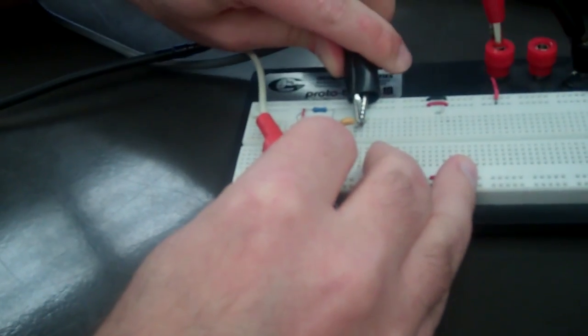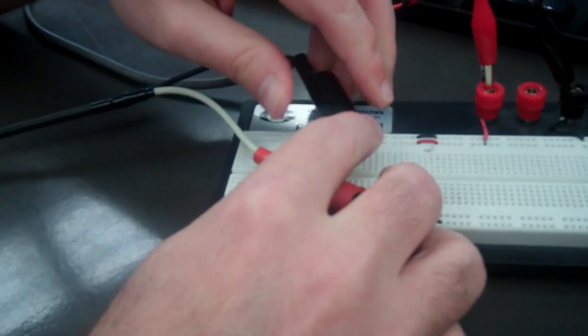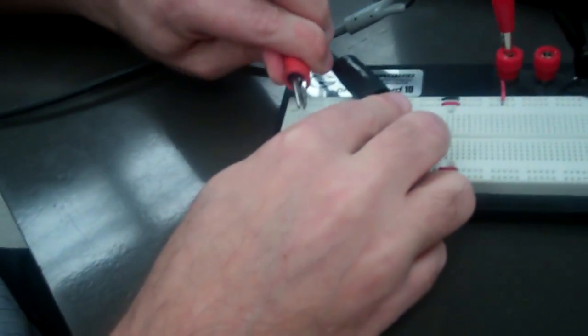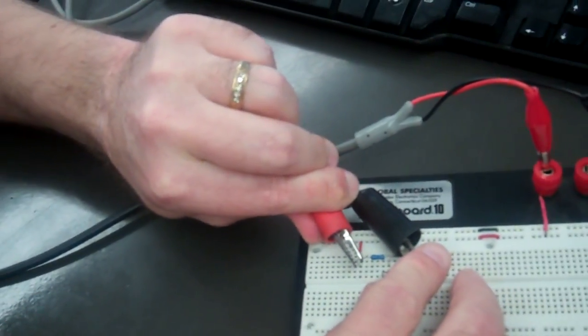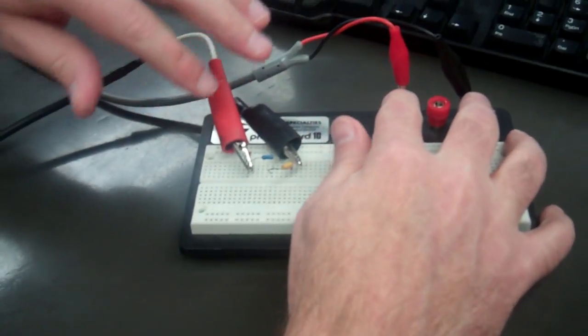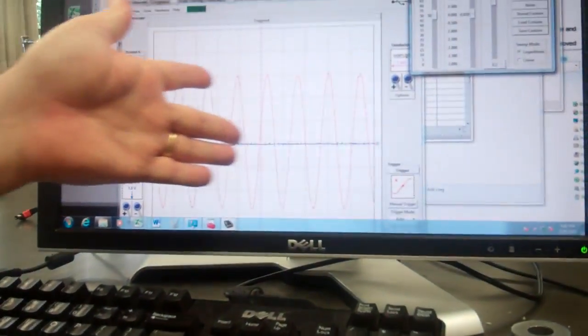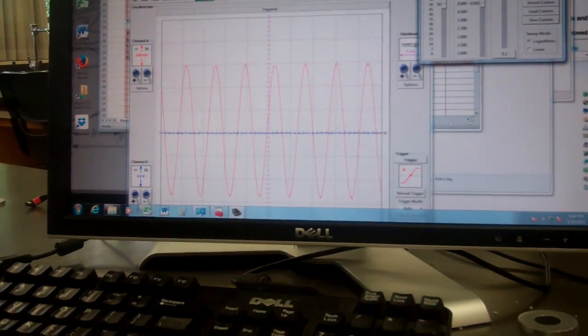So it's hooked up essentially to this black one here. You got to make sure that you don't pull out the lead from your capacitor and all the way to the resistor. And this is actually hooked up straight the same as these ones here. Okay? So we should see about a 720 hertz signal. Trust me, we probably do.